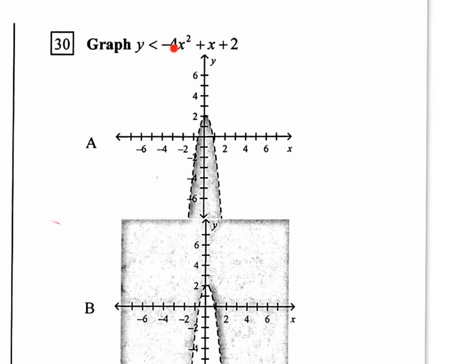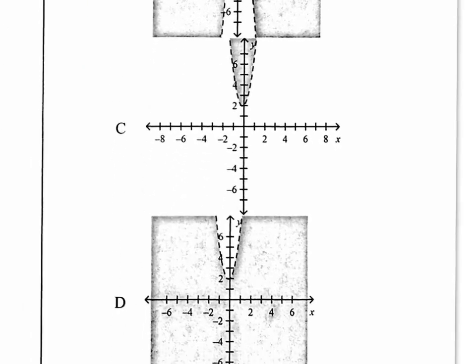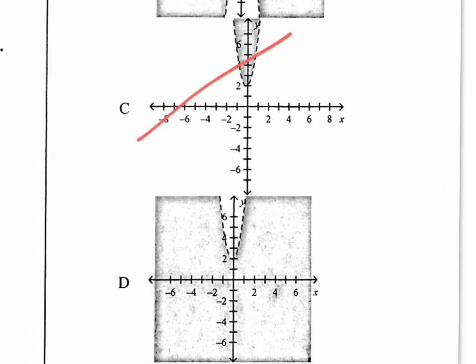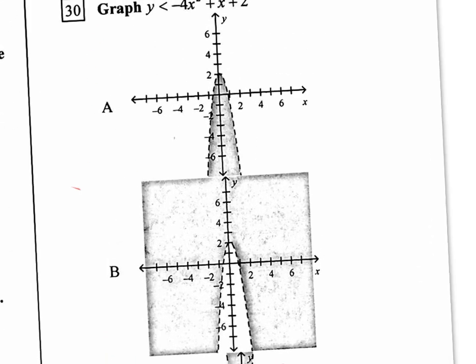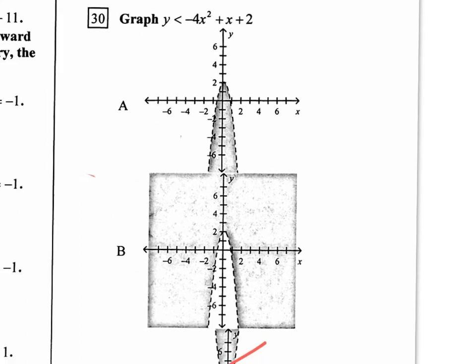Does this parabola open up or down? It opens down. So I already know it's either going to be A or B because both of those open down. It cannot be C or D because both of those are opening up. So just by knowing your A value, you could already narrow it down to a 50-50 shot.